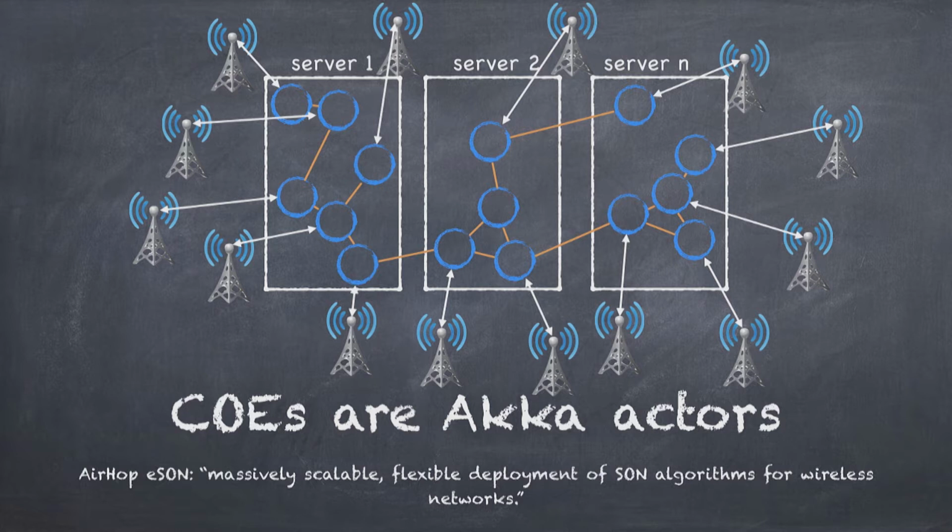So we're using Akka to implement most of this capability in eSON. The tagline for AirHop eSON is always massively scalable, flexible deployment of SON algorithms for wireless networks. Here you can see N servers, serving what could potentially be a very huge geographic area, depending on how big N is.